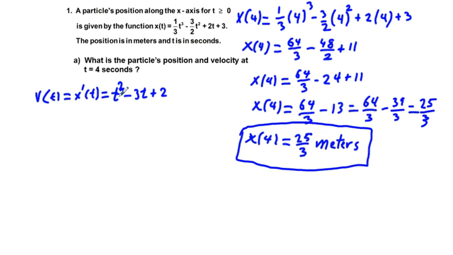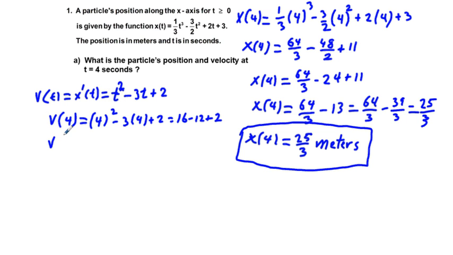To find our velocity, v of 4, which is x prime of 4, is going to be equal to 4 squared minus 3 times 4 plus 2, which equals 16 minus 12 plus 2.